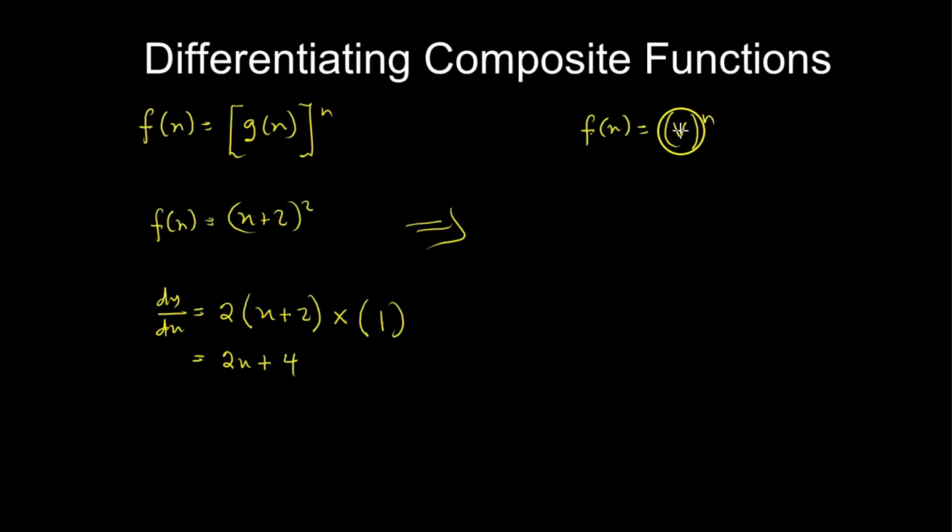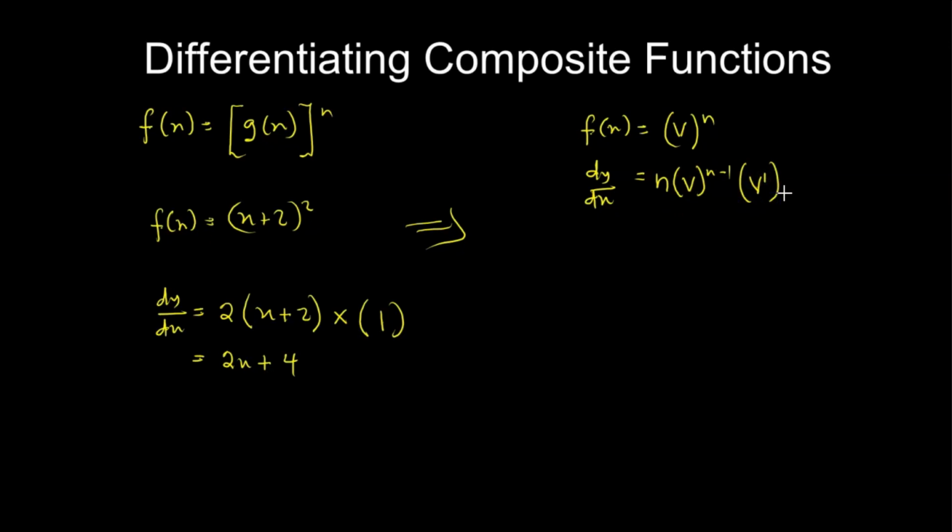First, I'll differentiate what is outside the bracket. So dy dx, or f prime of x, is equal to n v to the power n minus 1. Then multiply it by the differential of what is inside, which is v prime, and that is all.